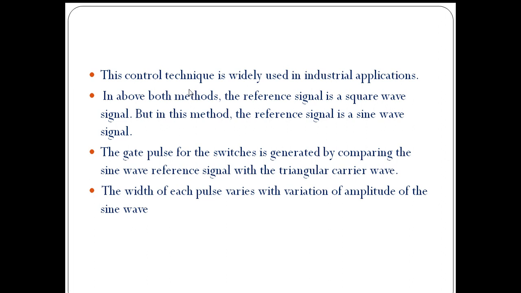In this, we are using a sine wave as the reference signal. The gate pulses for the switches are generated by comparing the sine wave reference signal with a triangular carrier wave. The width of each pulse varies with the variation of amplitude of the sine wave. So the output pulse width will be according to the amplitude of the sine wave.